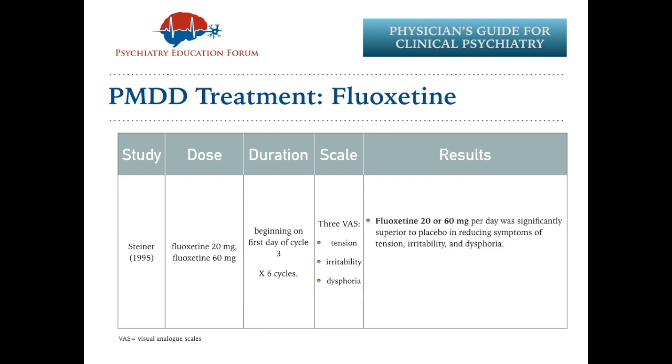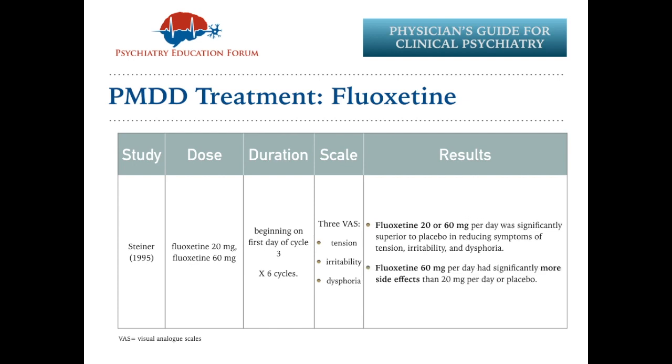What did they find? Well, 20 milligram or 60 milligram, they both were superior to placebo in terms of reducing all the 3 symptom scales: tension, irritability, and dysphoria. But there was one big difference between them, and that was the side effect. 60 milligram had significantly more side effects than the 20 milligram one.